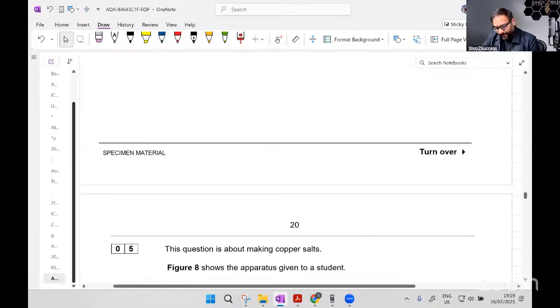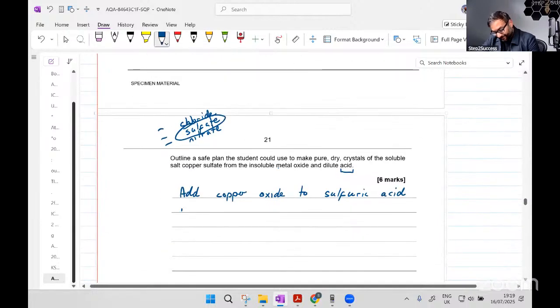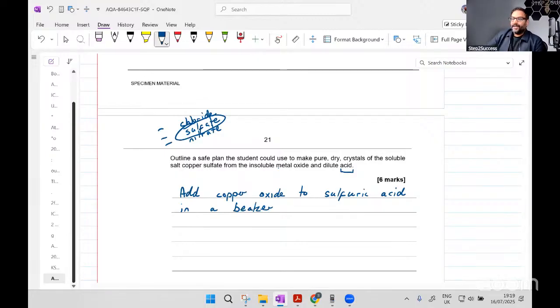Correct. You've got to mention you've got some equipment here, so I guess you would say in a beaker. Yeah, if you want to just mention that. Okay, the next thing, which I'm not going to go into too much detail with, is you keep on adding the copper oxide until it is in excess.